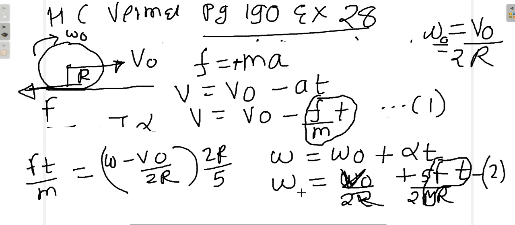Omega minus v naught upon 2r goes on this side, ft upon m, so into 2r upon 5. This value I am going to put here. So let's see what I get.